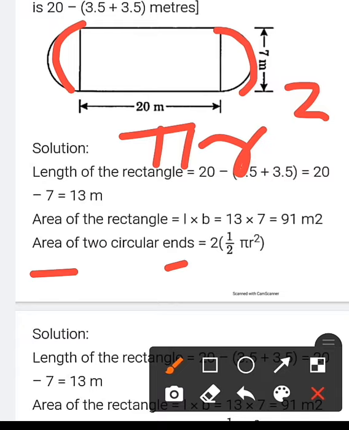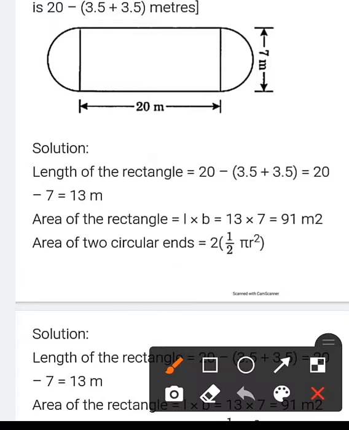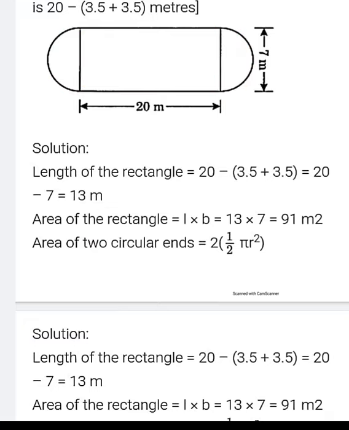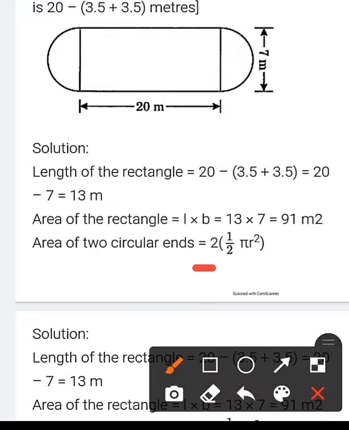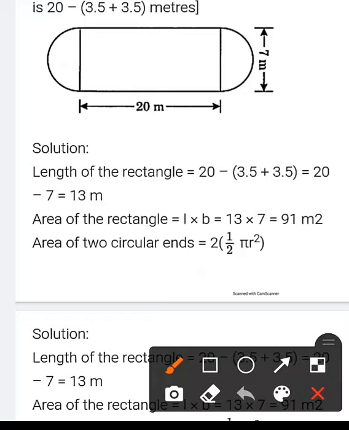Now here we have half circles, we don't have a full circle. Both are half circles, 2 times half. So that is why we take 2 times half, and the formula for area of a circle is pi r square.